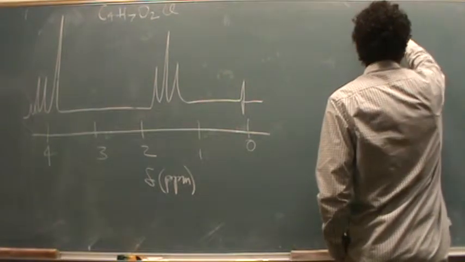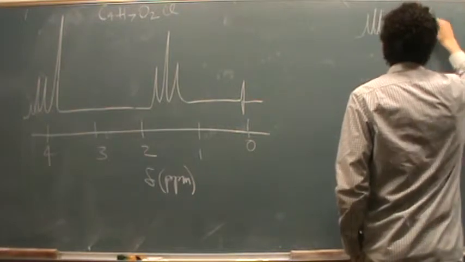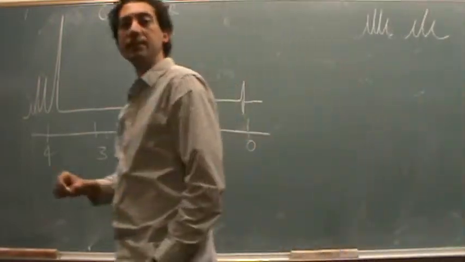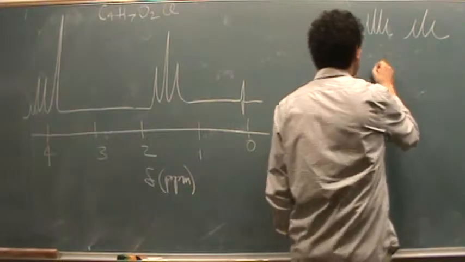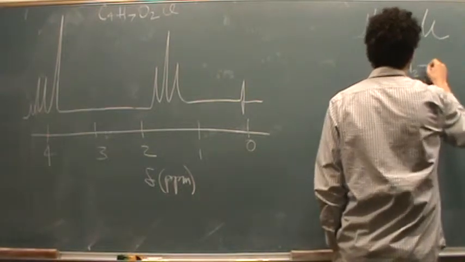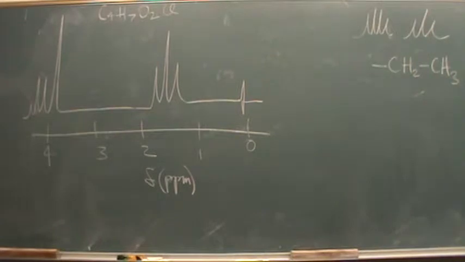If you ever see a quartet and a triplet in the same NMR spectrum, it's likely that you have an ethyl group. Let me show you what I mean. Doesn't have to be, but it's often a good sign of it.